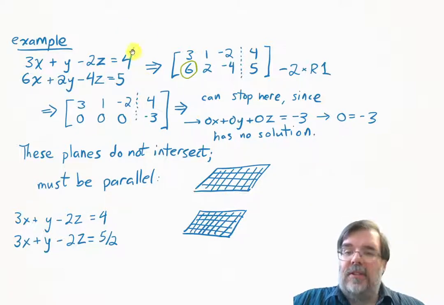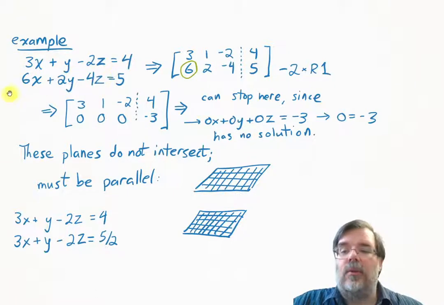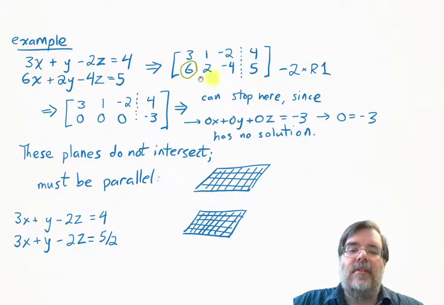Now, here's another example. Let's say, once again, we have two planes, 3x plus y minus 2z equals 4, and 6x plus 2y minus 4z equals 5. Everything's lined up, constants on the right. If you write the augmented matrix, we have 3, 1, negative 2, 4 for that first row, and 6, 2, negative 4, 5.